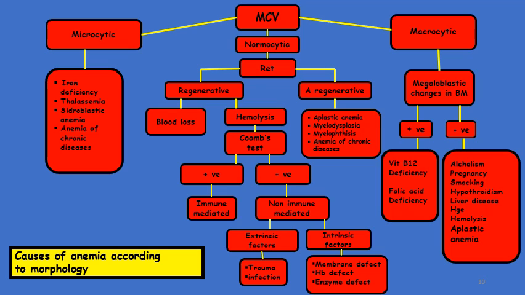It can be caused by vitamin B12 deficiency or folic acid deficiency, while the non-megaloblastic macrocytic anemia can be seen in case of alcoholism, pregnancy, smoking, hypothyroidism, liver disease, hemorrhage, hemolysis, and aplastic anemia.